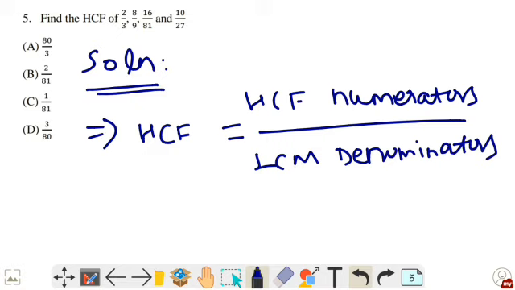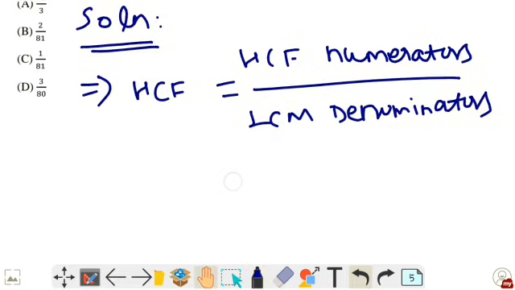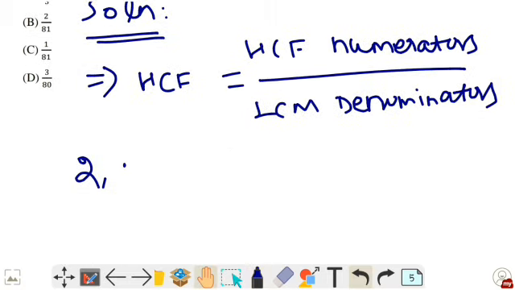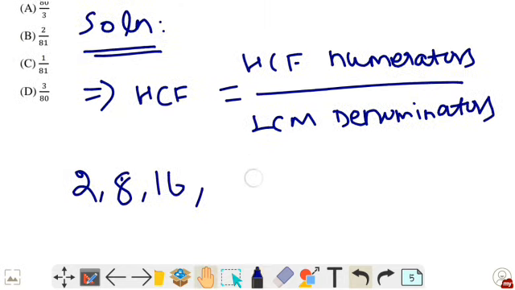So what are the numerators here? 2, 8, 16 and 10. So what is the HCF of these numbers, 2, 8, 16, 10?